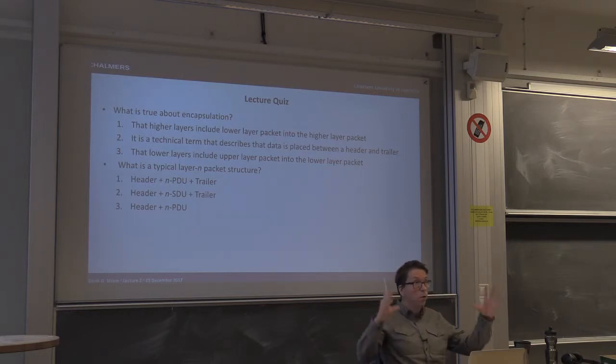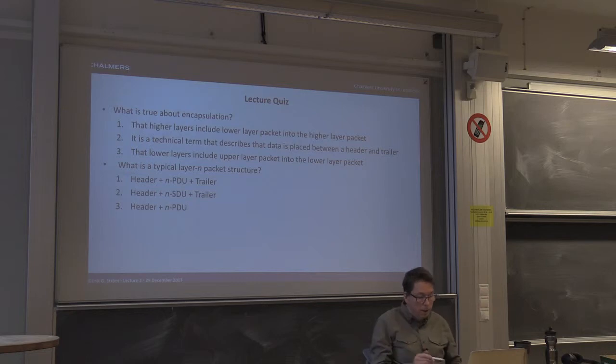The PDU is the whole thing, right? So it cannot be like this. And this one is also wrong, because you don't take a header and a trailer and then the PDU in the middle. The service data unit is encapsulated, and always a header, sometimes a trailer. But this was the only correct answer here.